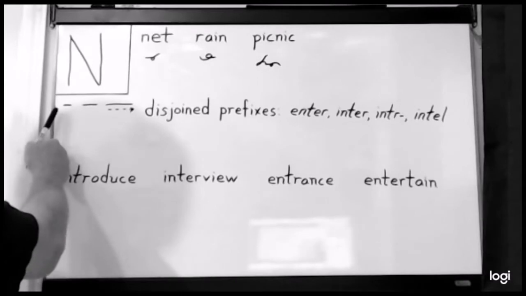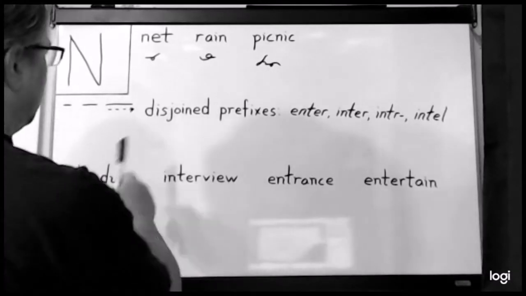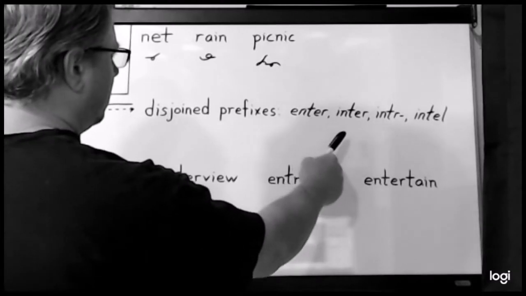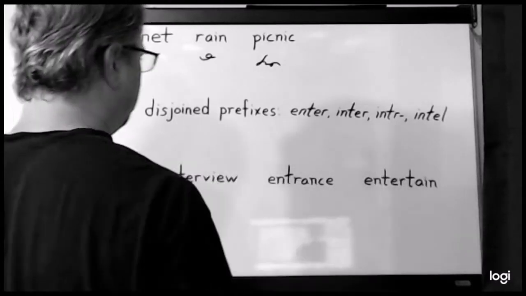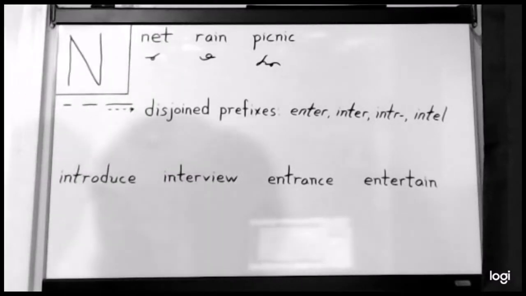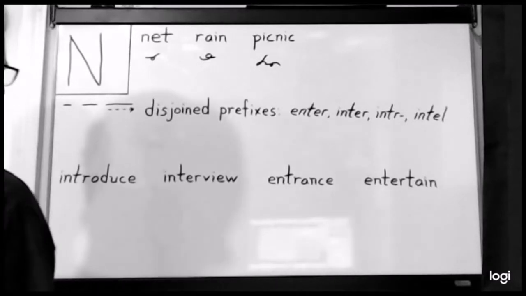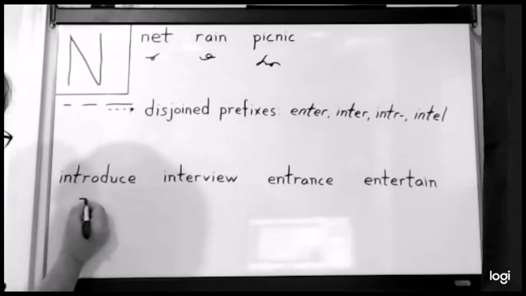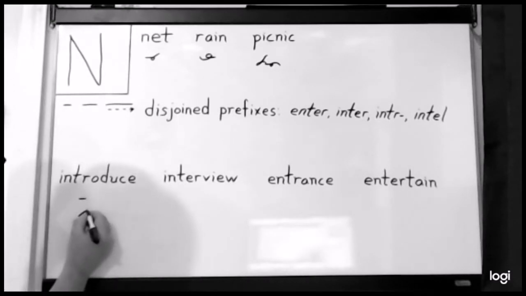The letter N can also stand for the disjoint prefixes enter, inter, intra, and intel. So here we'll write the word introduce, which will be the disjoined N, and then D-U-S.